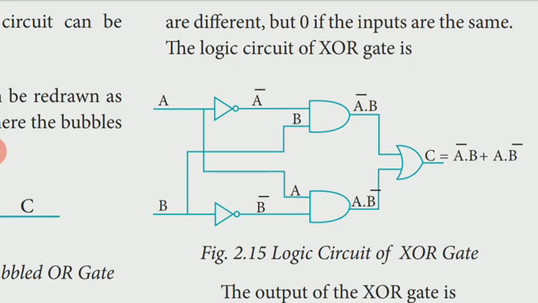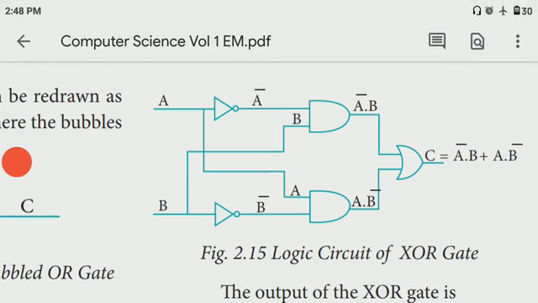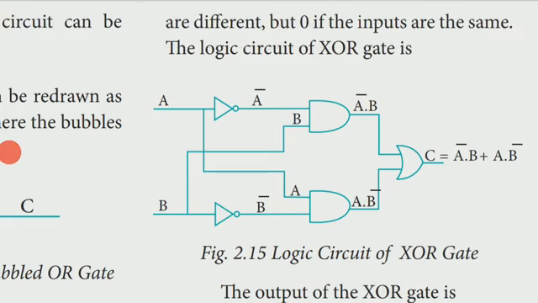So A complement and B they joined using the AND gate. So they got A complement dot B. The next step is, they took the A value without complement, and after that the B complement value.